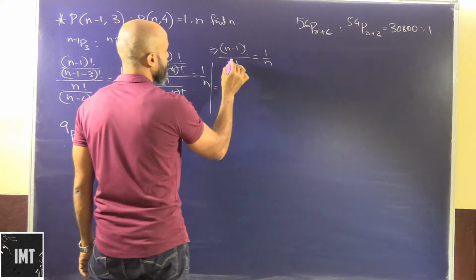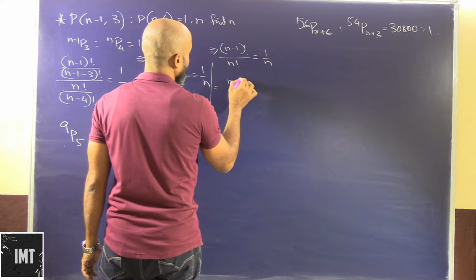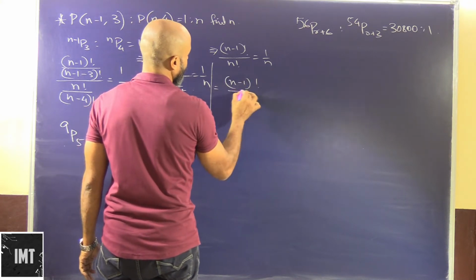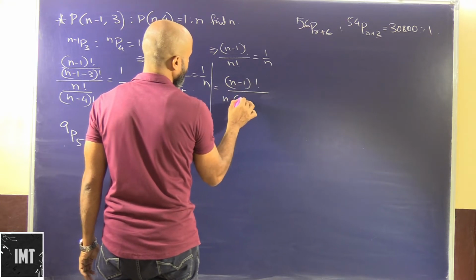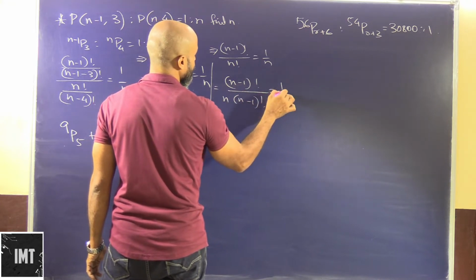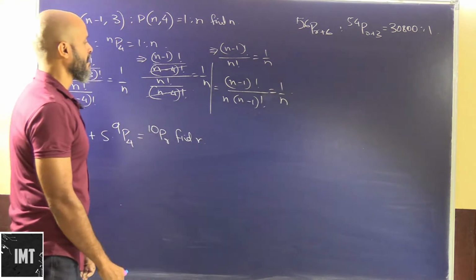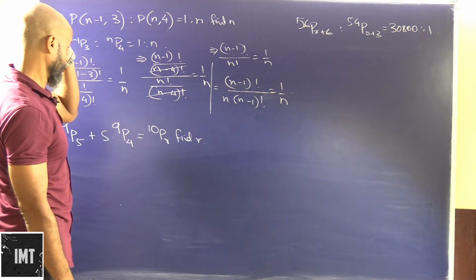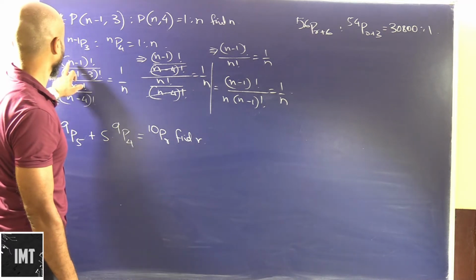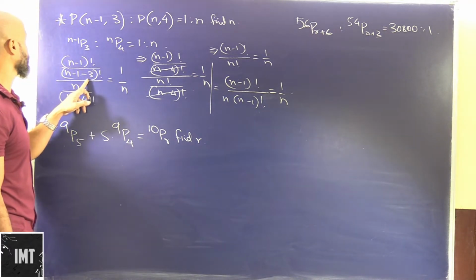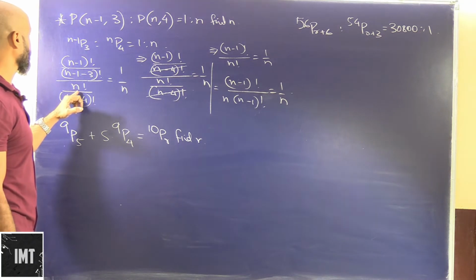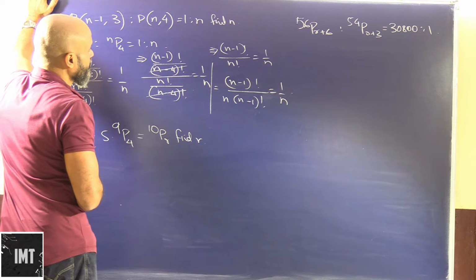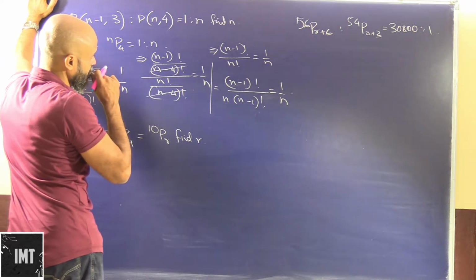So n factorial will be basically n into (n-1) factorial is equal to 1 by n. All of this is getting cancelled.